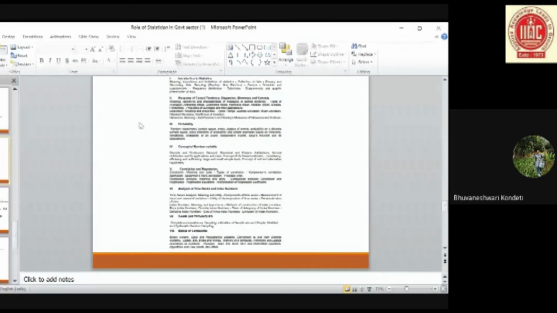Here they won't ask many problems, they will only ask concepts. And sampling techniques means complete enumeration versus sample enumeration, and stratified and systematic sampling. This also is covered in third year. And apart from this, basics of computers, which you learn in first year itself, I guess. So this is the syllabus of the statistics paper.